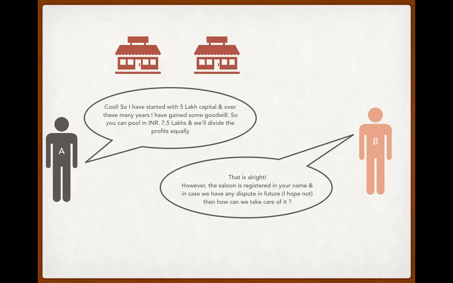This business ownership is transformed into something else, because now there are two people owning shares in this venture. There might be some issues in future, because when money is involved, there's a possibility of some probable issues. So they need to look for some law which can facilitate their arrangement and pen it down, so that in case of any disputes or controversies, they have something to look to.